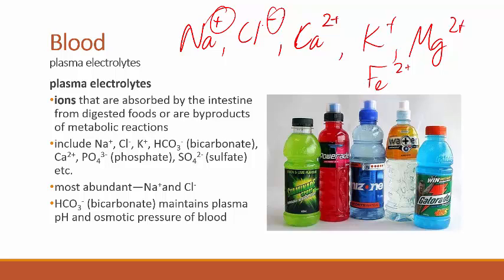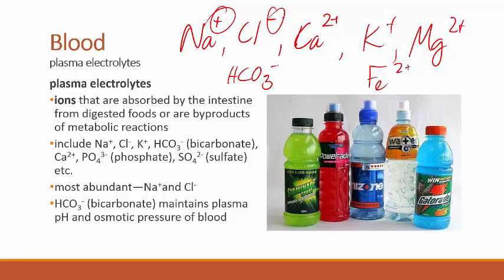Electrolytes are all absorbed by the intestine from digested foods, but they may also be byproducts of metabolic reactions. HCO3 minus, the bicarbonate ion, is a byproduct of metabolic reactions.